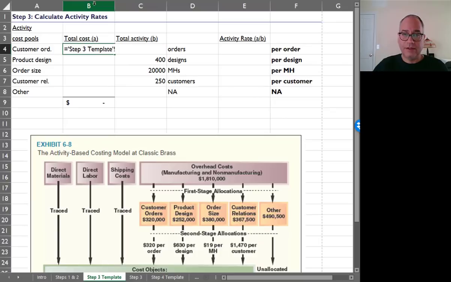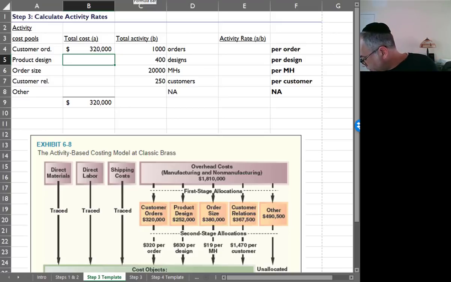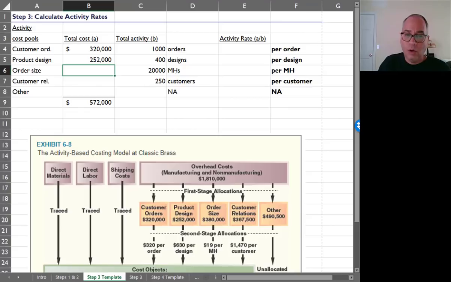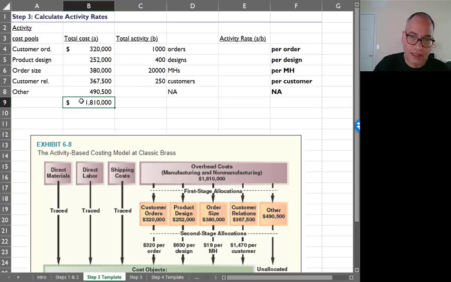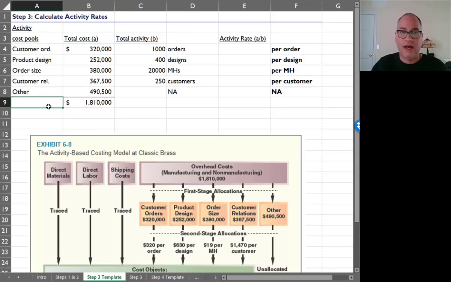I'm just going to write these in because this wasn't actually in this spreadsheet. Product design from the previous page was $252,000. Order size was $380,000. Customer relations was $367,500, and other was $490,500, and it adds up to $1,810,000. So this is how we broke up our cost pools in the previous step.